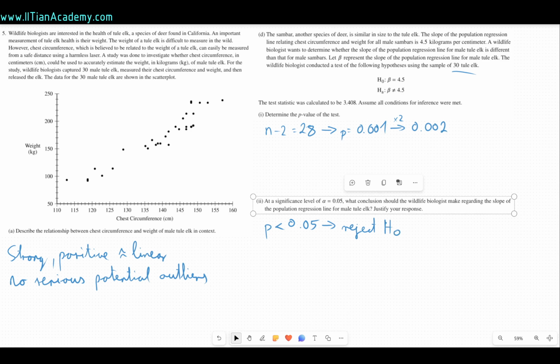So what that means is there's enough evidence to show that the slope for the regression line of weight versus chest circumference for the male tule elk is different from 4.5 kilograms. So the slope for male elk is not 4.5 kilograms per centimeter.